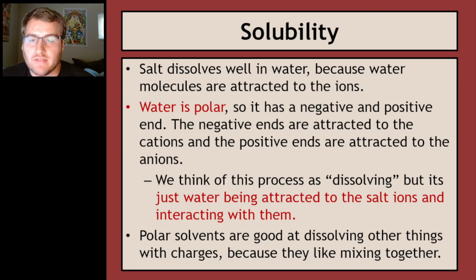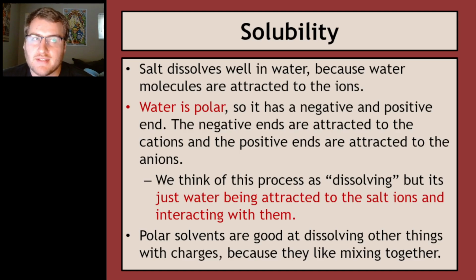The positive ends of the water molecules, the hydrogens, are attracted to the negative ends of the anions, right? They're attracted to the anions, the negative charges in the salt. So both parts of the salt are attracted to a part of water. So there's a lot of positive attraction going on here.